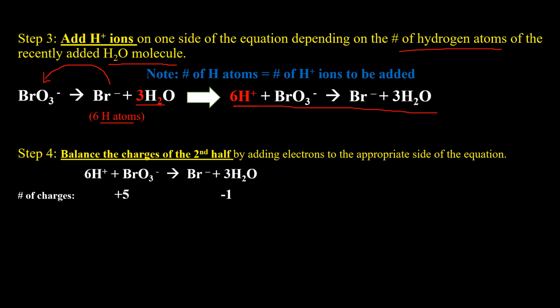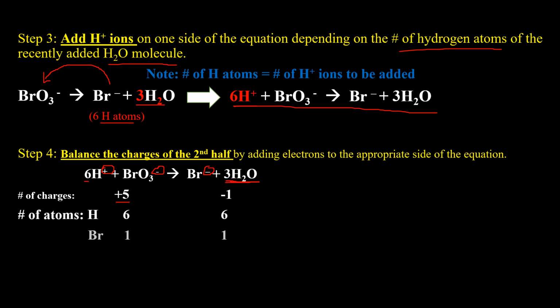How come? Because 6 times 1 positive is positive 6 in here plus negative 1. So 6 plus negative 1 is positive 5. And on the product side, it has no charge for this one, but it has one negative charge for Br, so that's negative 1.